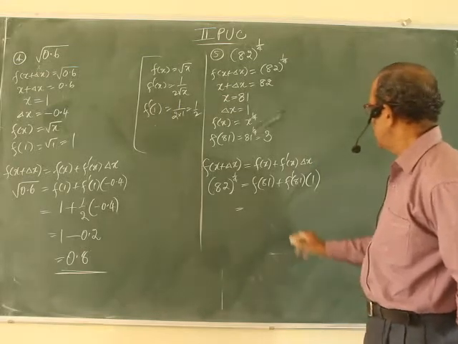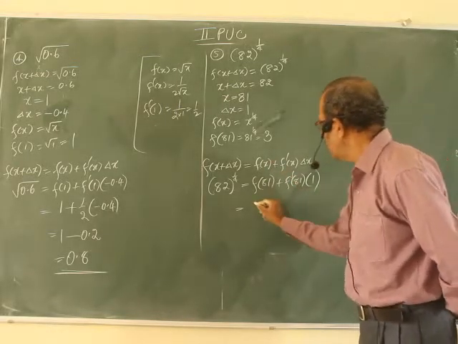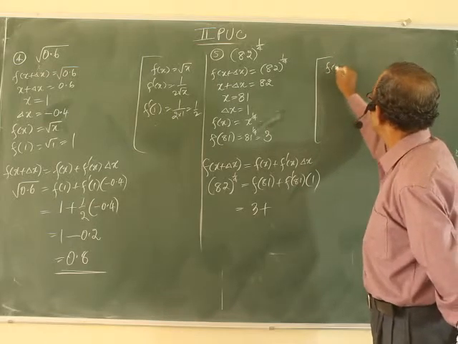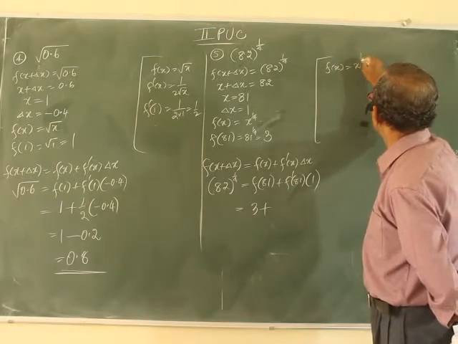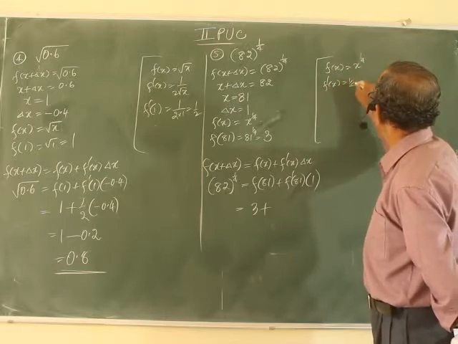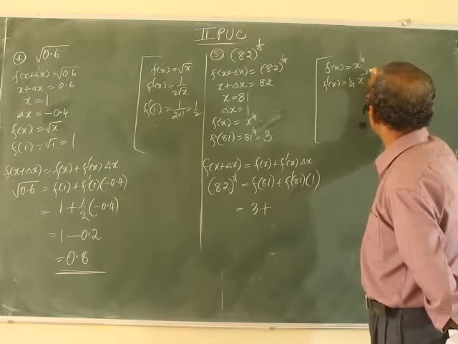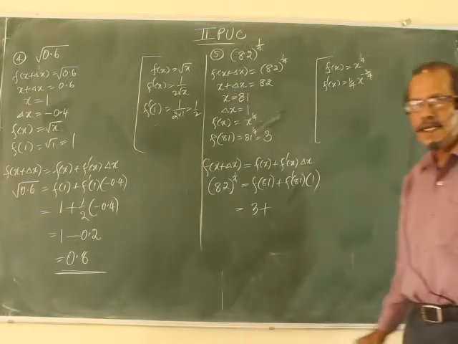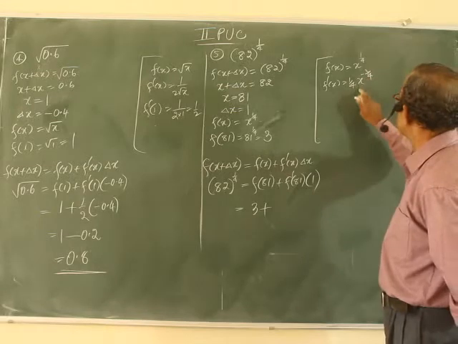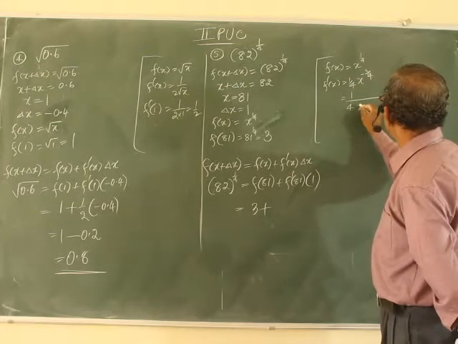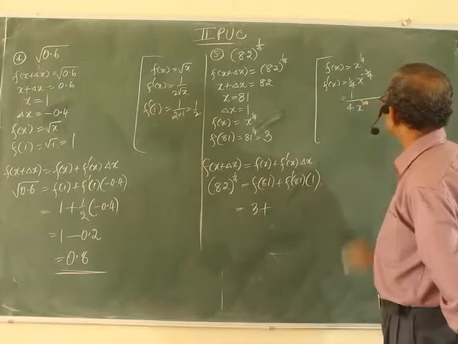Equal to f of 81, 3, plus f dash. f of x equal to x to the power 1 by 4. f dash of x equal to 1 by 4 x to the power minus 3 by 4, that is n into x to the power n minus 1. Or you can write this as 1 by 4 x to the power 3 by 4.